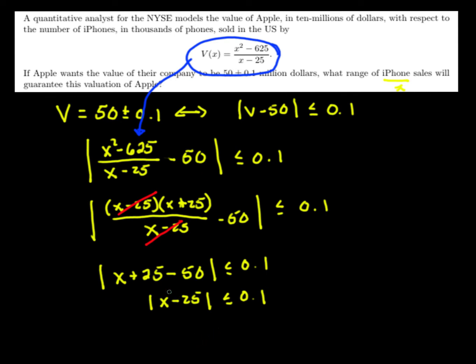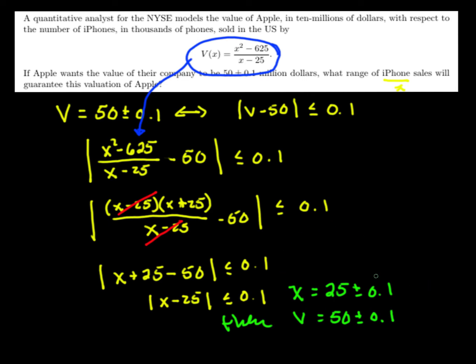And what is this telling me? As long as my iPhone sales, as long as x is equal to 25 plus or minus 0.1, then the value of the company will be 50 plus or minus 0.1. And that's our range.